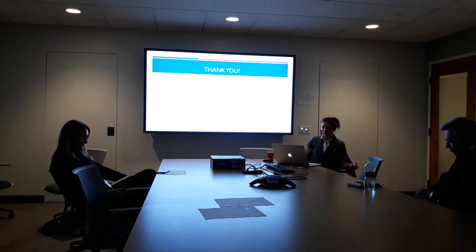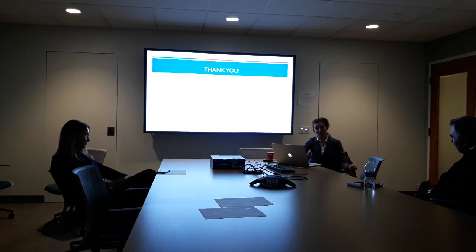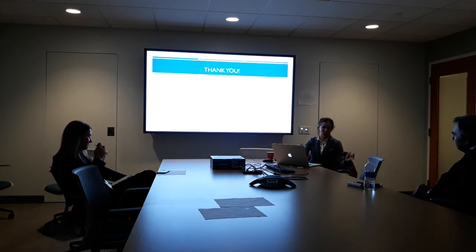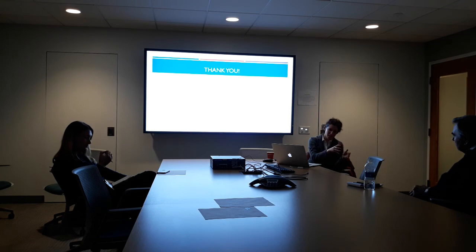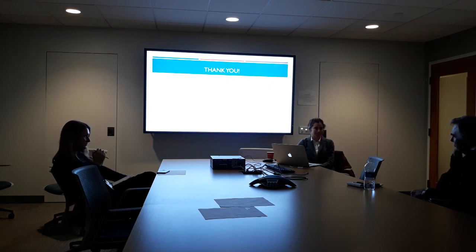So a GWAS of opioid dependence that had 4,000 people is just not a lot. And then when you take into account the ancestry piece, I'm heavily involved in creating polygenic risk scores, and when you try to apply predominantly European ancestry GWAS to another population, you lose a ton of SNPs that might be relevant.